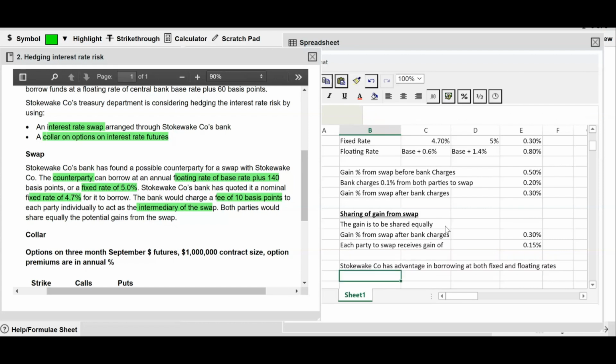rates. But however, what is it? But the floating rate advantage is larger.